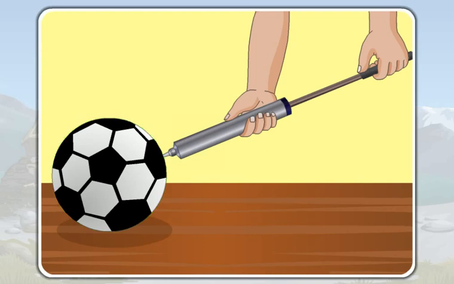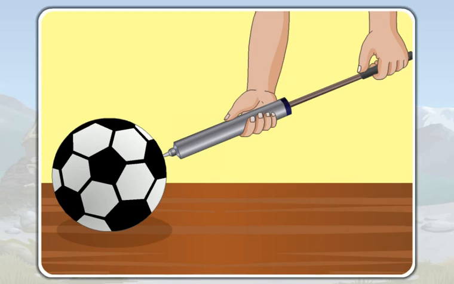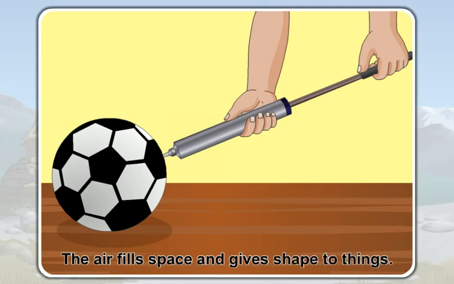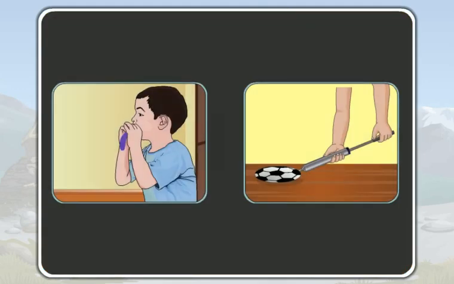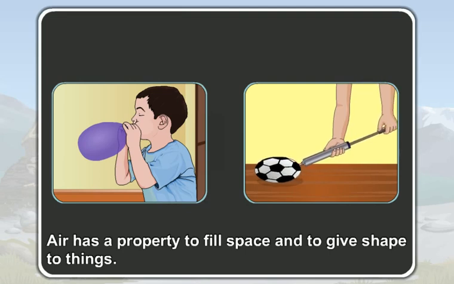This is because the air fills space and also gives a shape. So, we can say that the air fills space and gives shape to things. Or we can say that air has a property to fill space and to give shape to things.